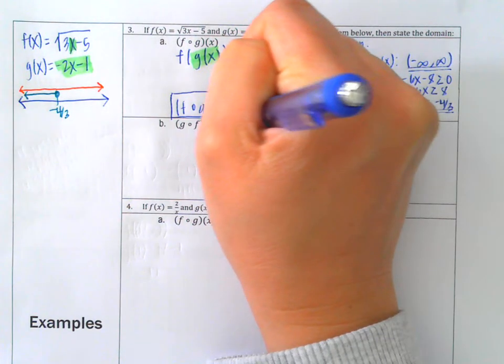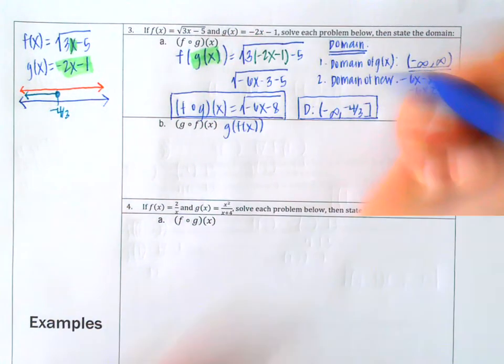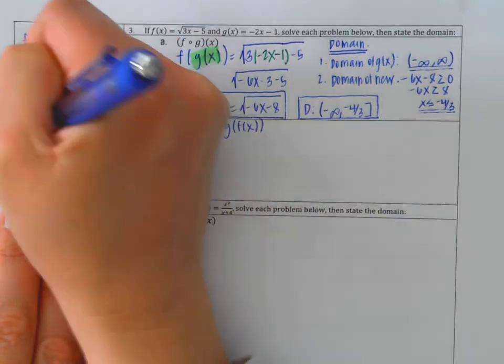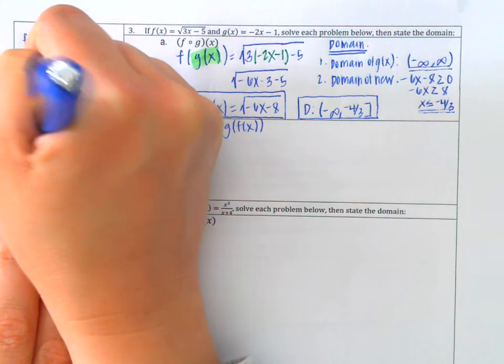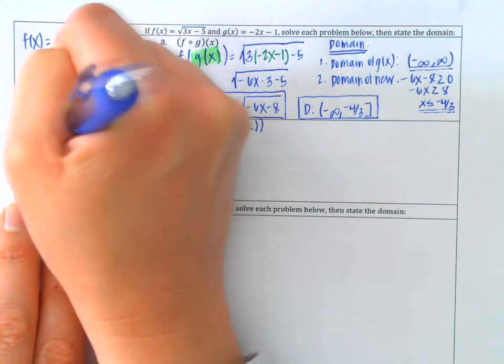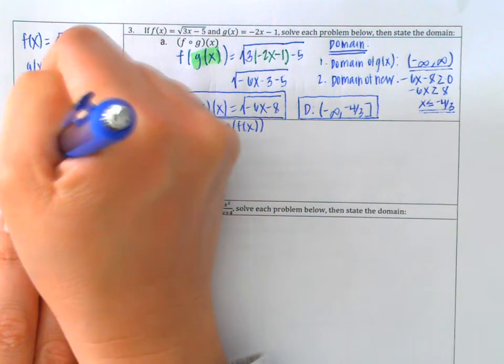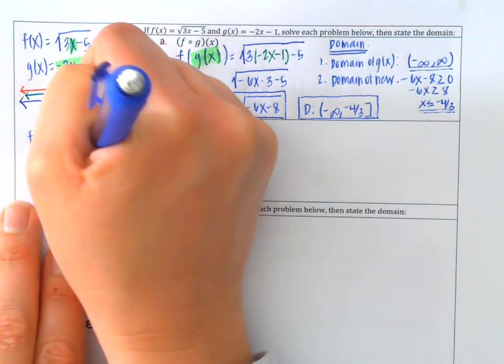G of f of x, which means now we are inputting f of x into g. So I'll just write those two on this side. F of x is equal to 3x minus 5. I'm only writing these to see the colors.